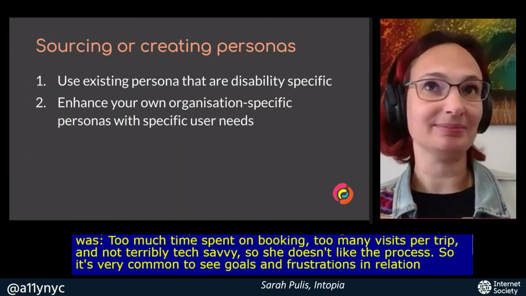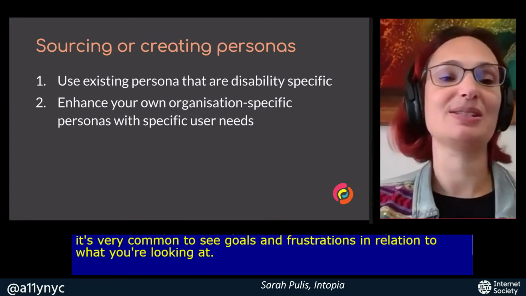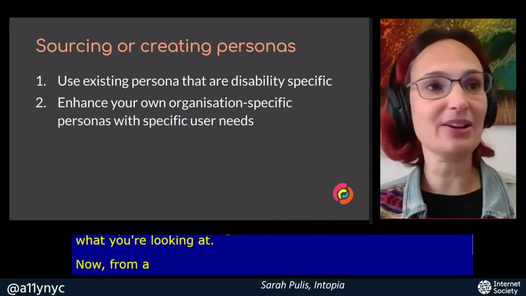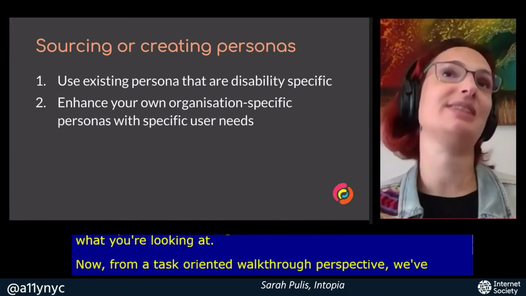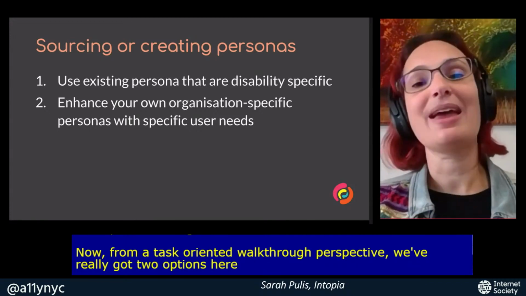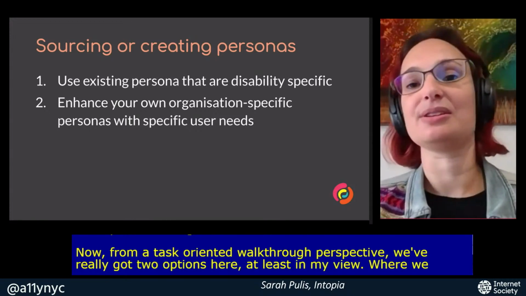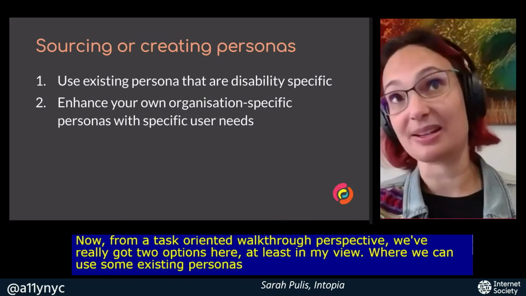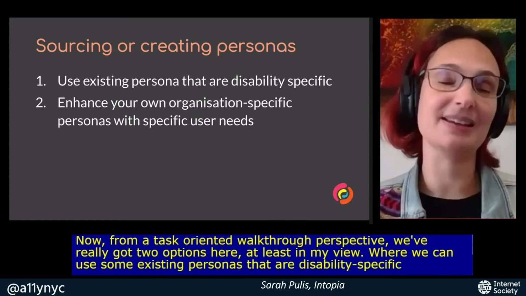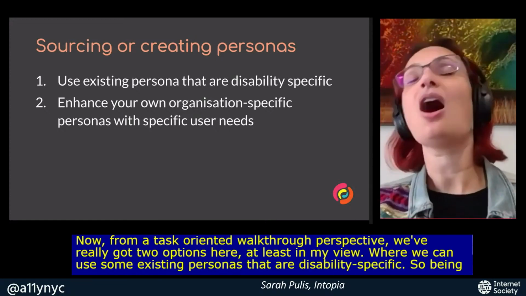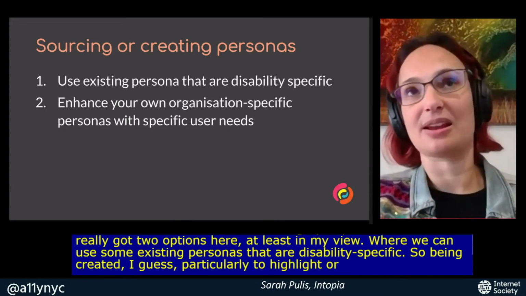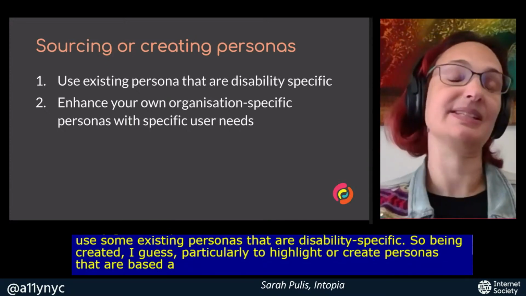Now, from a task-oriented walkthrough perspective, we've really got 2 options here, at least in my view. We can use some existing personas that are disability specific, so being created particularly to highlight different disabilities.